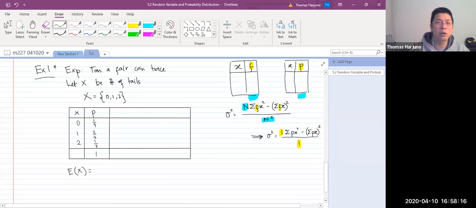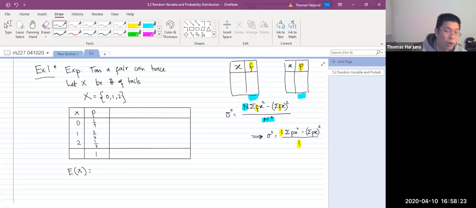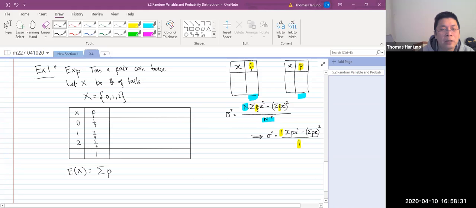So if you toss a fair coin twice, many times, on average, how many tails do you get? For us to find it, we need to find the sum of px. So I still need you to remember how to read the summation notation.